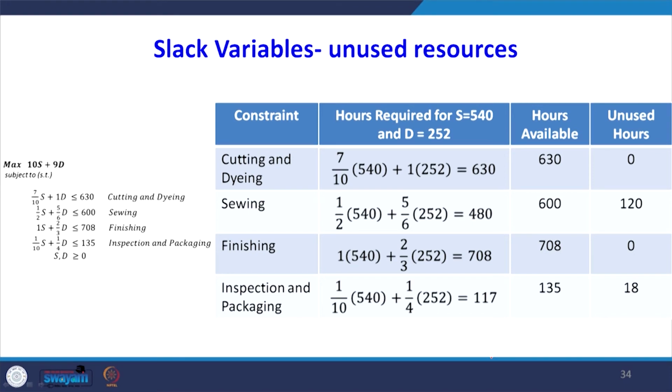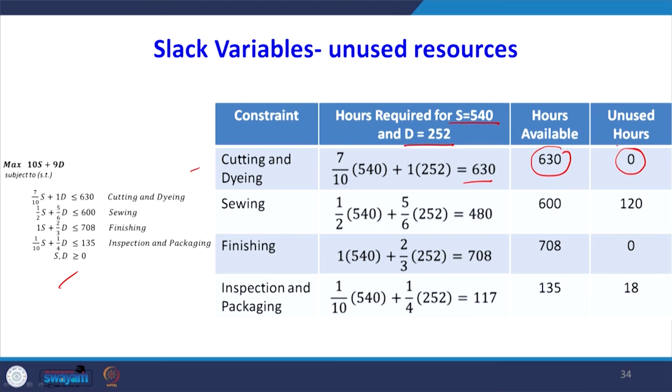Otherwise, another name is unused resources. So, this was the given problem. We got the value. What is that optimal value? S equal to 540, D equal to 252. So, in the constraint number 1, when you substitute it, the resources used is 630, but the hours available is 630. So, all the resources are fully utilized, that is, no unused resources.